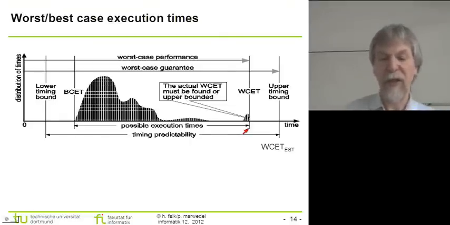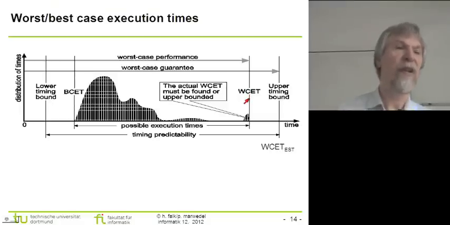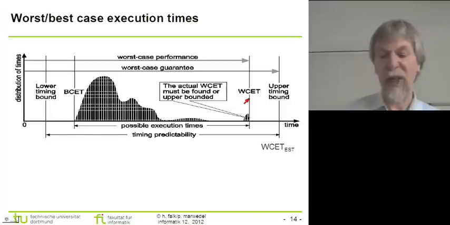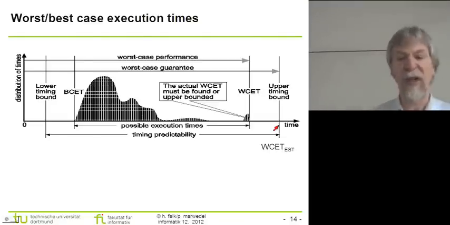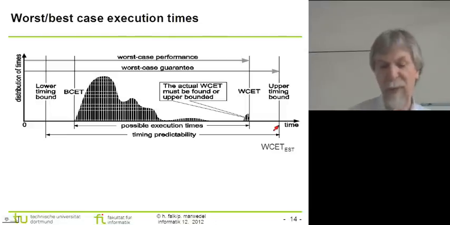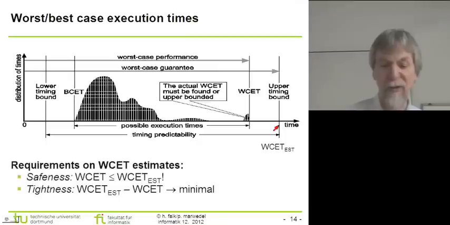So therefore, in general, it will not be possible to really compute the worst case execution time that can actually happen in practice. In most of the cases, we have to be happy if it's feasible to compute a so-called estimated worst-case execution time, which is a safe upper bound on the worst-case execution time.